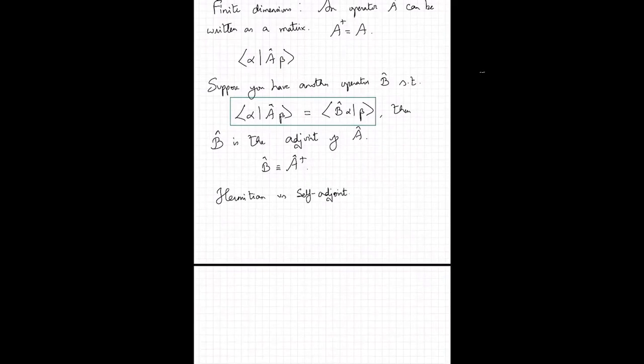If the operator A is Hermitian or self-adjoint, we are using the terms interchangeably, Hermitian and self-adjoint loosely.